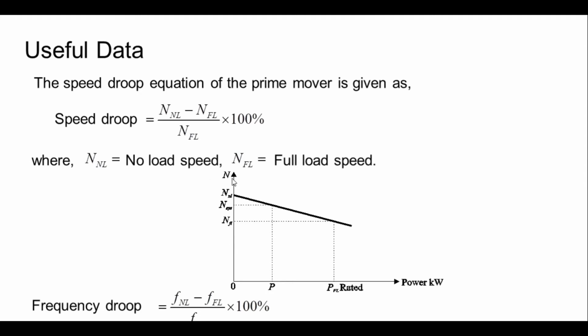If we plot the curve between the power output of the generator and the speed of the prime mover, we will get a graph like this. Now, as we know that the speed and frequency are related to each other, we can express the droop in frequency similar to our speed droop, right?